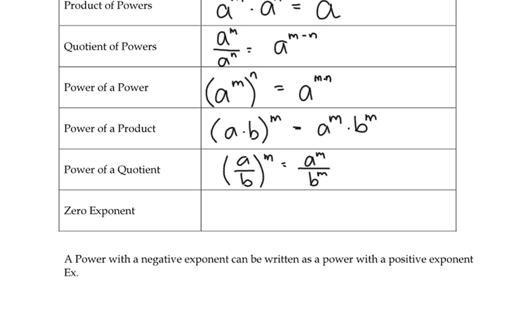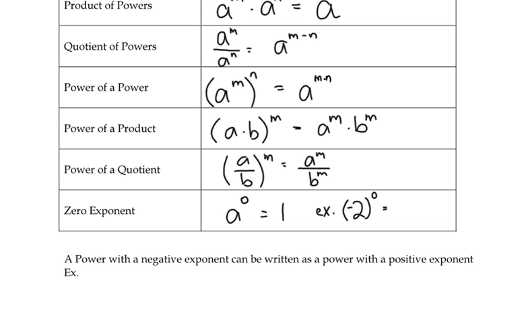And the last one, anything raised to the power of 0 equals 1. Now, be very careful. If I have negative 2 to the power of 0, notice the negative 2 is in the bracket. That would equal positive 1. It's applying to this whole thing, anything raised to the power of 0.